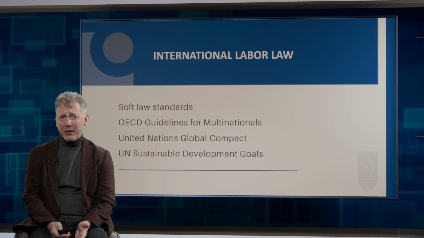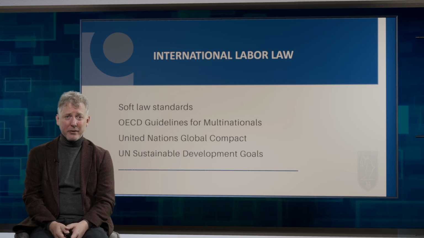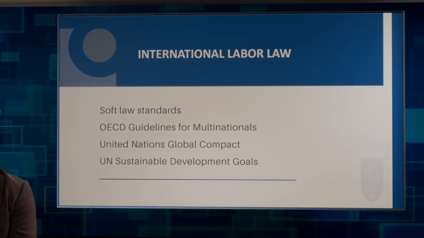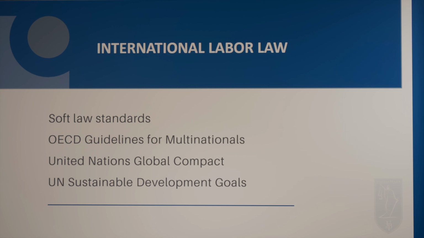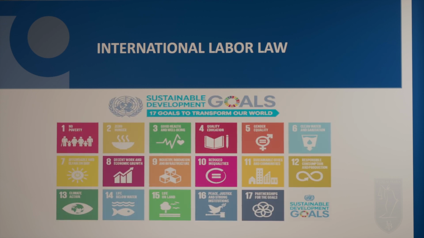There are also other kinds of what we call soft law standards, not enforceable law, not enforceable directly. One of these is the United Nations Global Compact, and they have certain sustainable development goals. And if we look at these goals, many of them are connected to labor: the right to decent work, no poverty, to end hunger. These are related to decent conditions at work, right?